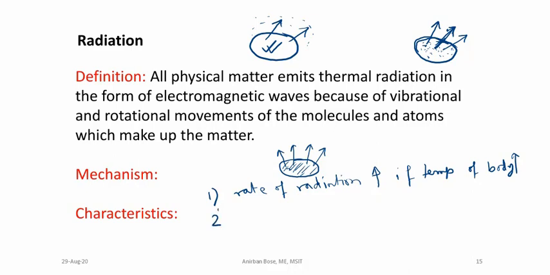And the second one is that for propagation of radiation, it does not require any material medium. So for radiation to move from one place to another, there is no requirement of a material medium.